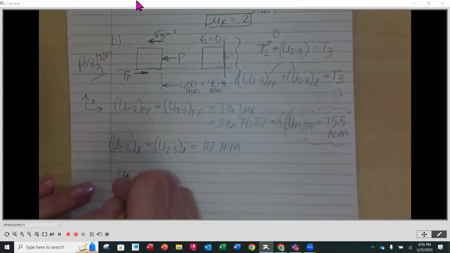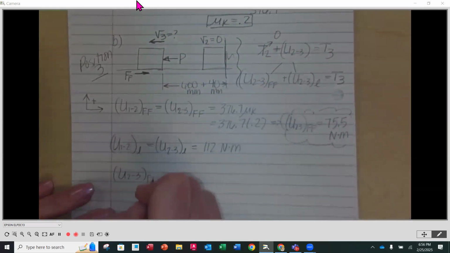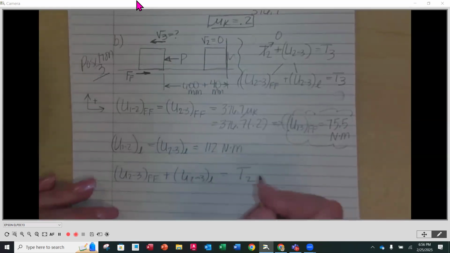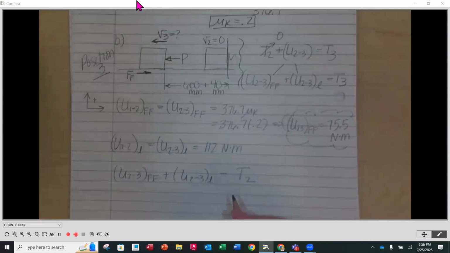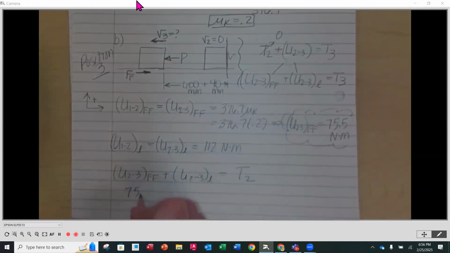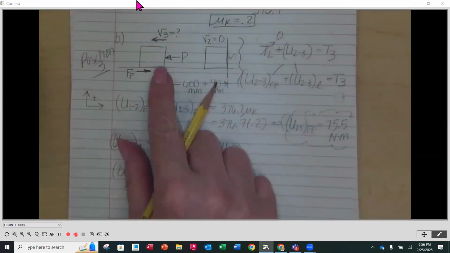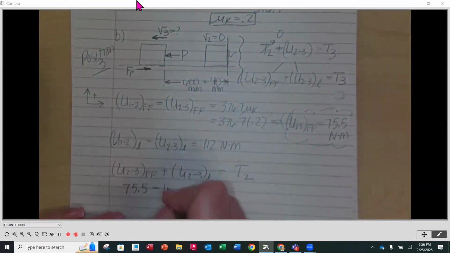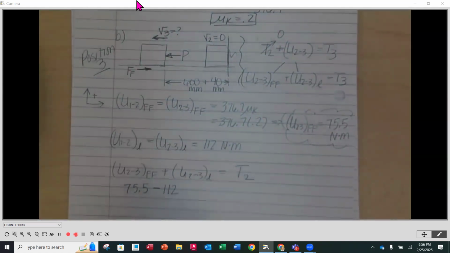So we can say U 2 to 3 friction force plus our work 2 to 3 elastic is equal to T3. We know this value to be 75.5 Newton meters for our friction force. And because the elastic force is going in the opposite direction, to the left, and our convention says to the right is positive, this is going to be minus 112 Newton meters.